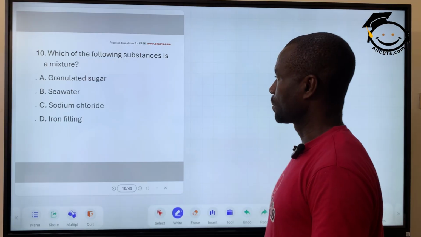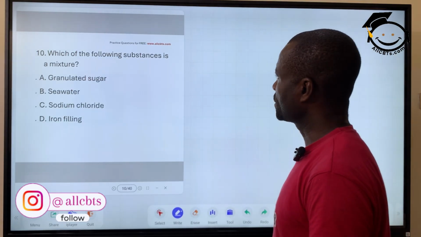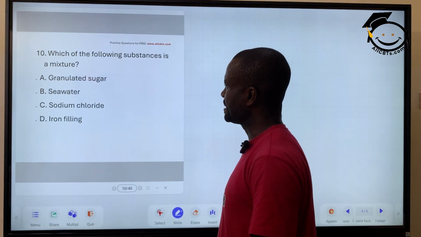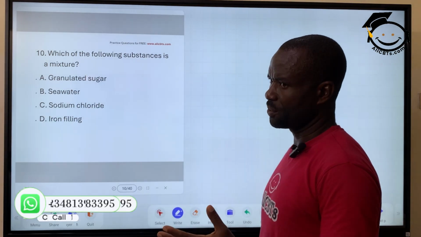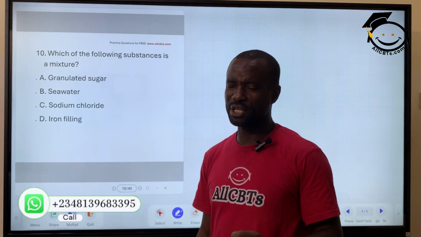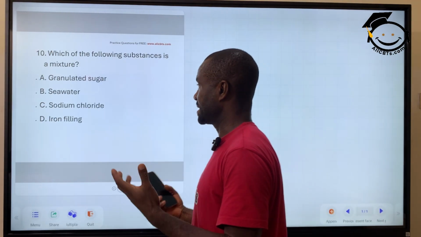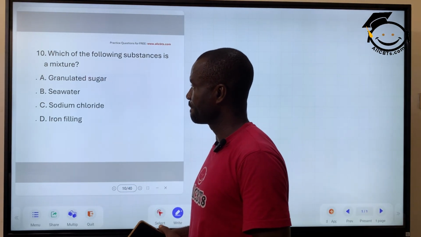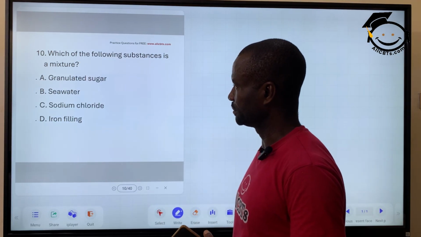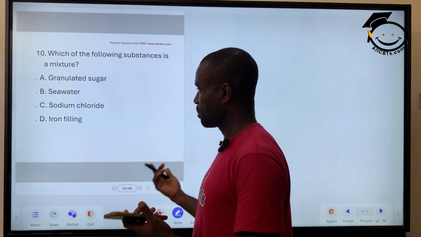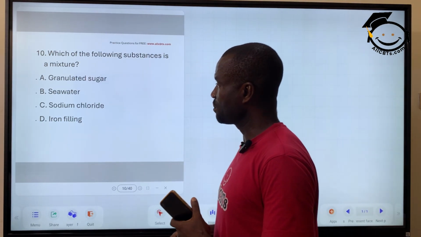Alright. Question 10. Which of the following substances is a mixture? We said a mixture is a combination of 2 or more substances physically combined together. A, granulated sugar. This is pure sugar. Pure, only one substance is involved. B, sea water.